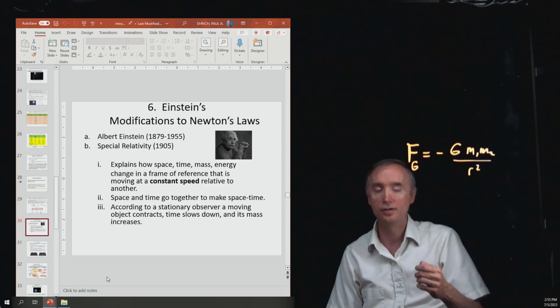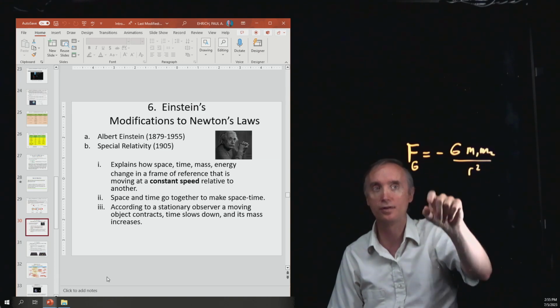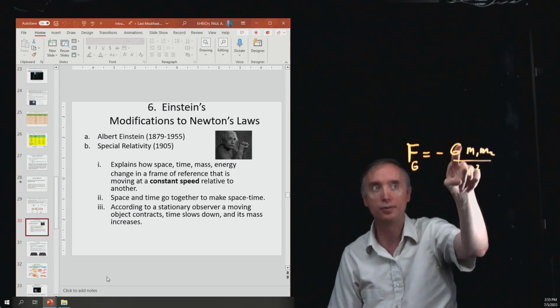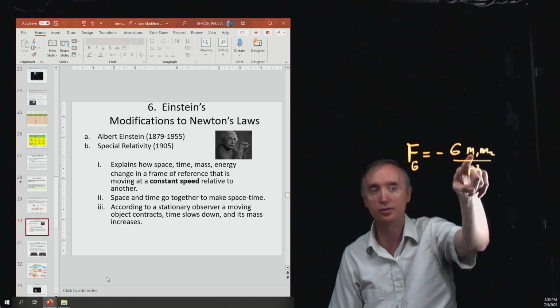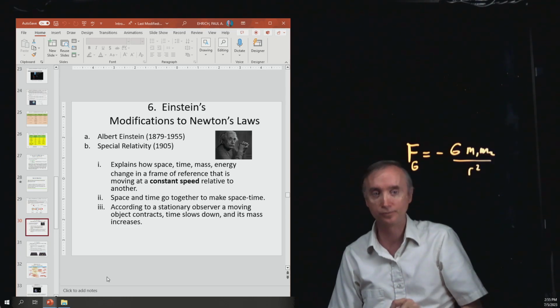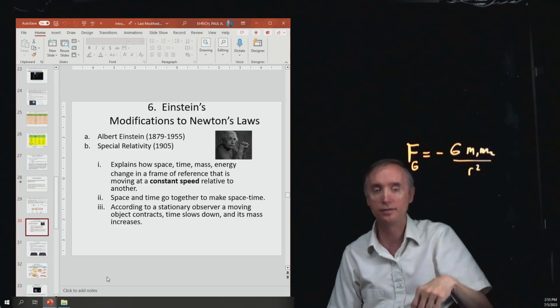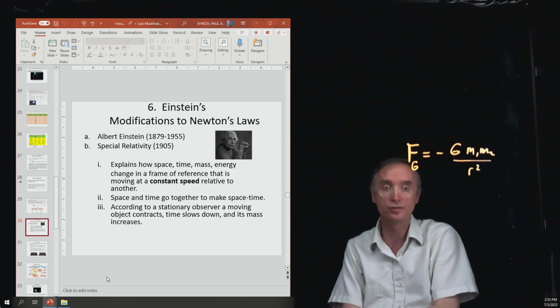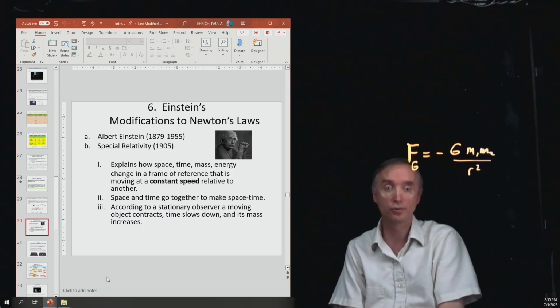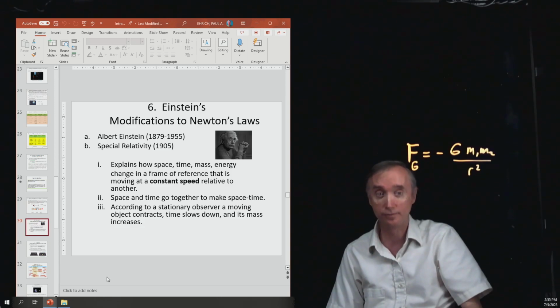And so he described the motion of objects by using the law of gravity, so that the force of gravity depended on the mass of object 1, the mass of object 2, and then divided by r squared. And so by using this formula and his 3 laws of motion, he was able to predict the orbits of planets going around the sun.